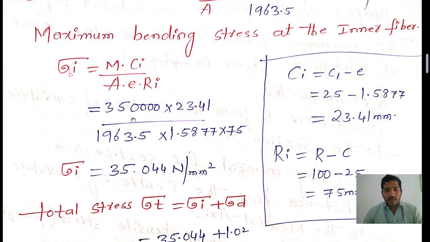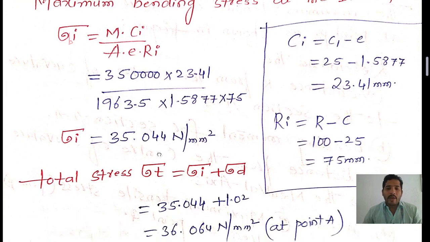This is 350000 into ci, nothing but the distance from the neutral axis to the inner surface, 23.41, by the area of the cross section of the circular bar, how much did we get here? 1963.5, and e, nothing but the distance between the centroidal axis and the neutral axis, how much did we get here? 1.5877, and the inner radius is how much? 75. If you divide this whole value, then you will get the maximum bending stress at the inner fiber, 35.044 Newton per mm square.